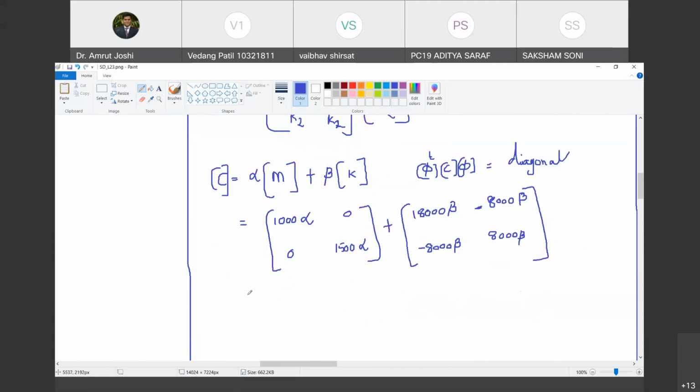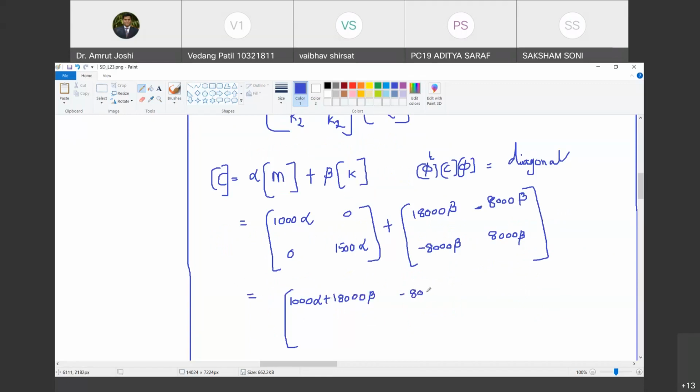So can we write down this matrix in a more elaborate form? It is going to be 1000 times alpha plus 18,000 times beta. Happy?